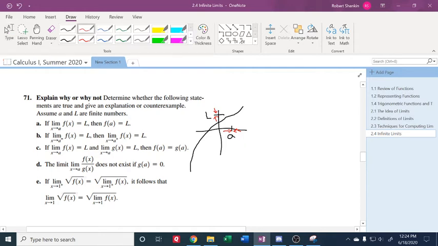Remember, the limit doesn't care what happens at that point. At that point itself, we might have had an open circle. Every time I make a small figure, I have to make it a little bit bigger. Might have an open circle here, and it might have it filled in elsewhere.